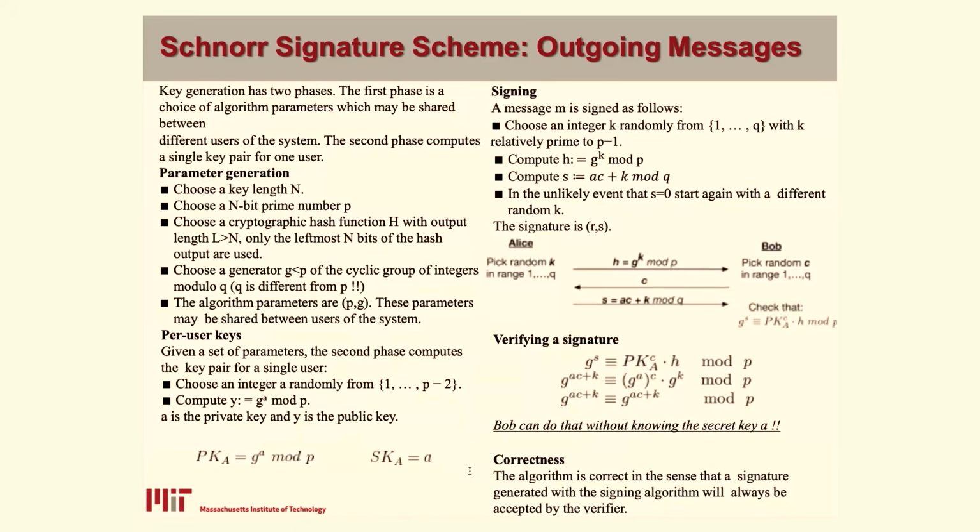I mean, Bob got S from Alice, so he can take G, the publicly known generator, to this power S, and he knows what that is because he has knowledge of every piece of it.